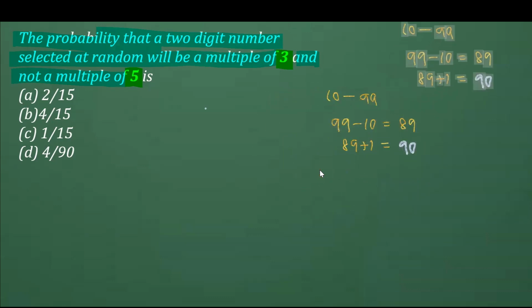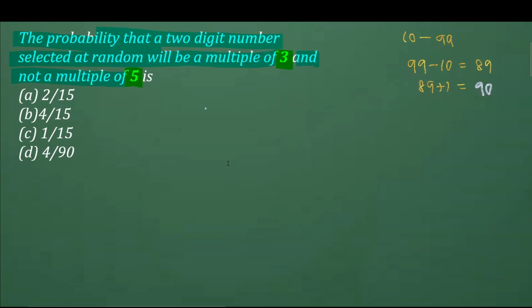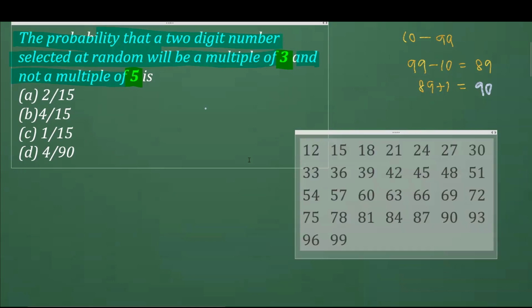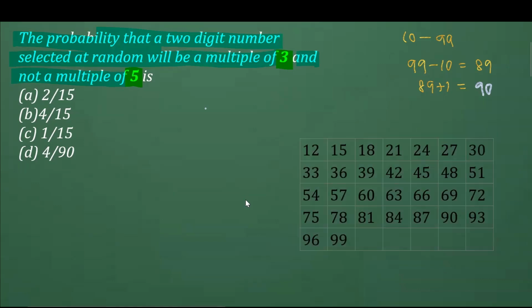But then we have to find the favorable, and the favorable should be the multiples of 3 but not a multiple of 5. So in that case, write all multiples of 3. I've written them already. And you have to discard those which are multiples of 5 as well. So 45, 75, 60, 90.